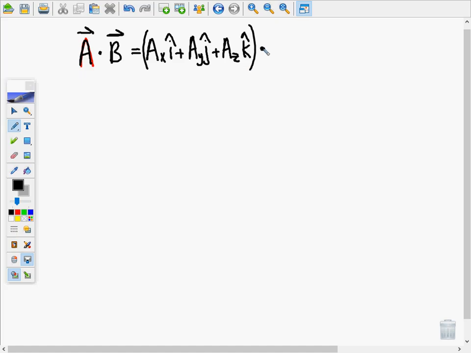And then that's going to go through the dot product with vector B: Bx times unit vector i plus By times unit vector j plus Bz times unit vector k.